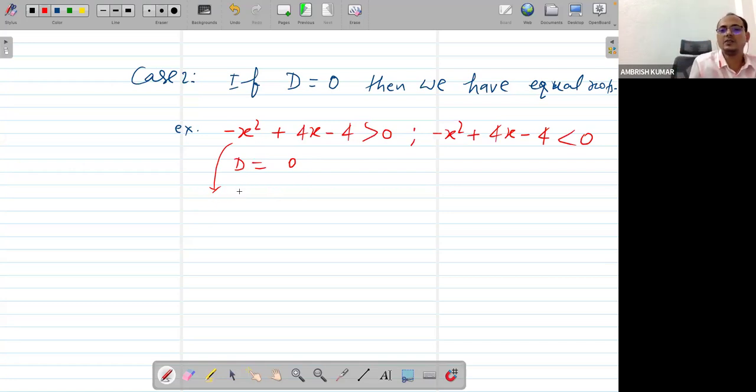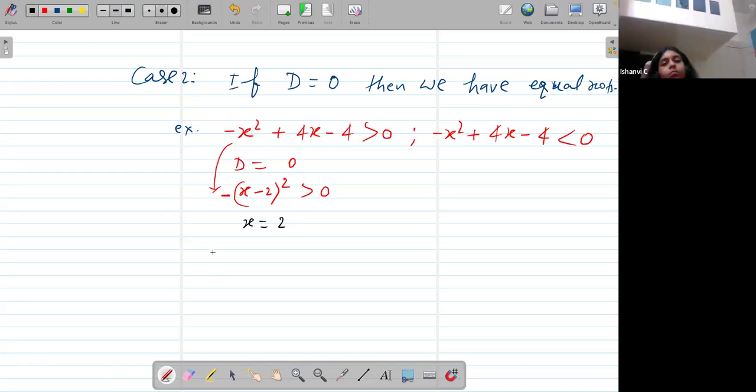You can take the negative common. So I think it's x minus 2 whole square with negative sign, right? So if you simplify, the root for this is going to be simply x equals to 2, right?